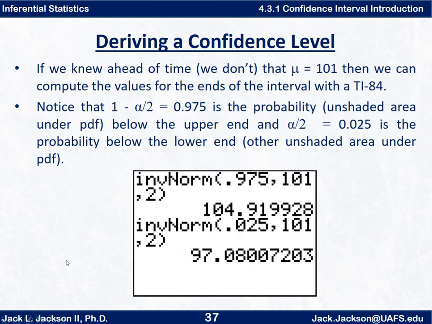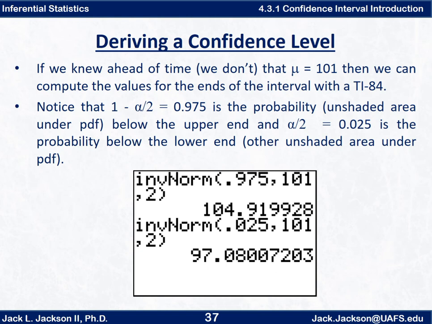Well, we can, because we know how to figure probabilities like that from a normal distribution. So notice that 1 minus alpha over 2 is 0.975. That's the probability below the upper end. It's the unshaded area on the far left and the red shaded area together.